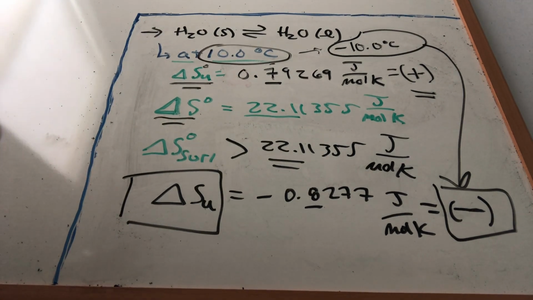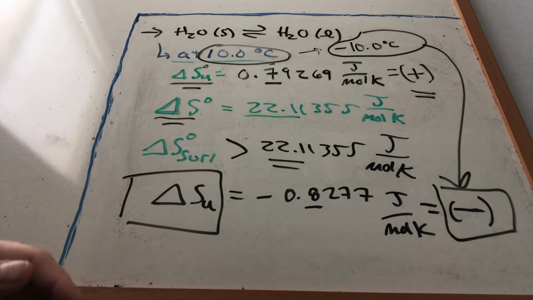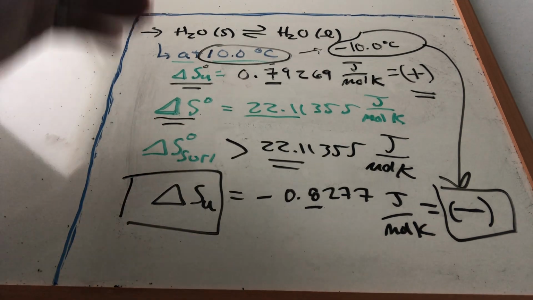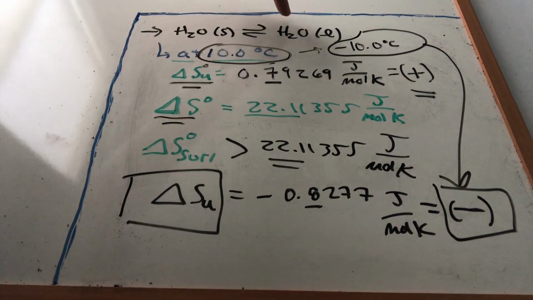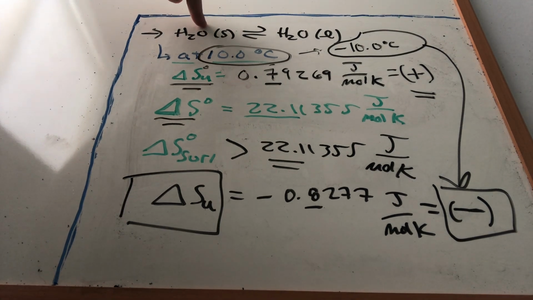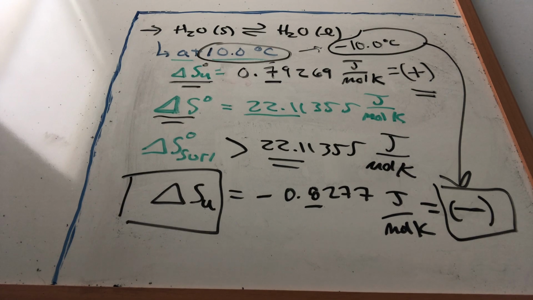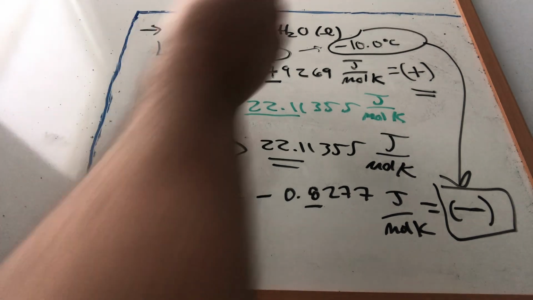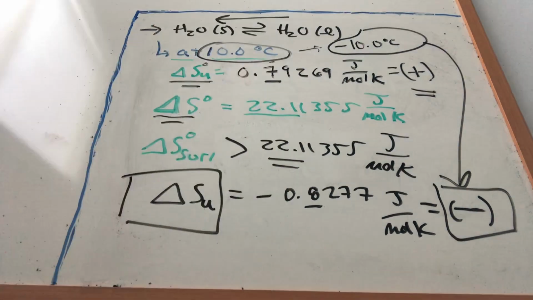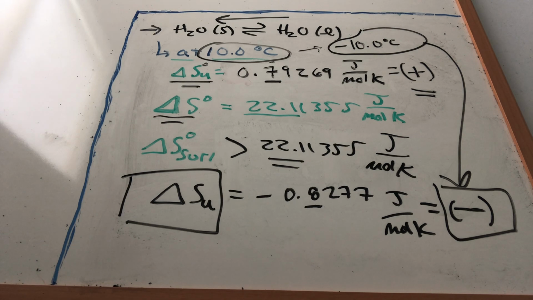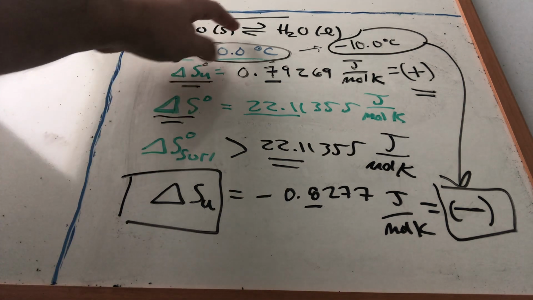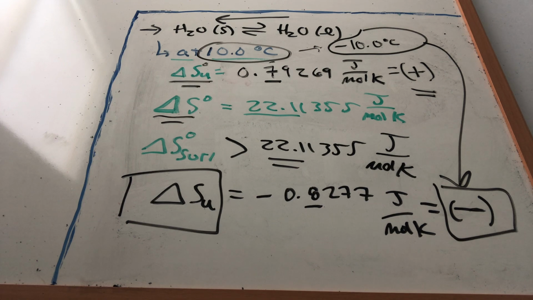What do we actually expect to happen below the melting point? Below the melting point, freezing point, liquid should become solid. So whenever we get a negative delta SU, what that's telling us is that the reverse reaction happens. The reverse reaction is spontaneous. And that's why I've been careful to write this like an equilibrium.